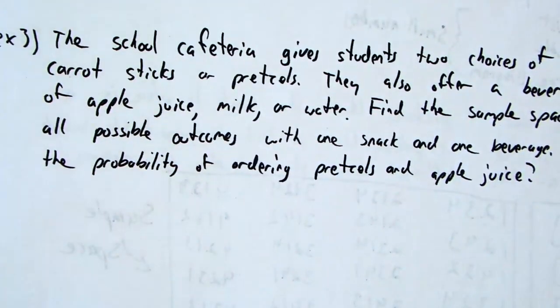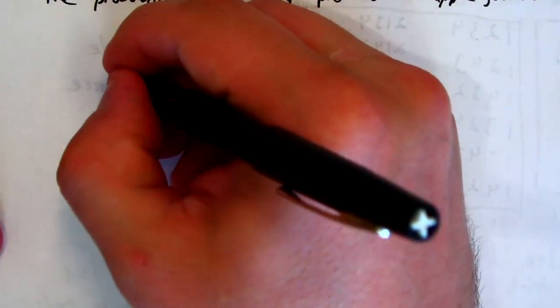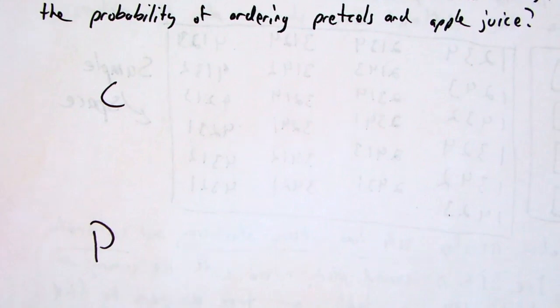So, example 3, it says this cool cafeteria gives students 2 choices of snacks. You can either pick carrot sticks or pretzels. They also offer a beverage choice of apple juice, milk, or water. Find the sample space for all possible outcomes with 1 snack and 1 beverage. And then what's the probability of ordering pretzels and apple juice? So, 2 snacks, carrots, pretzels. 3 choices of juice.